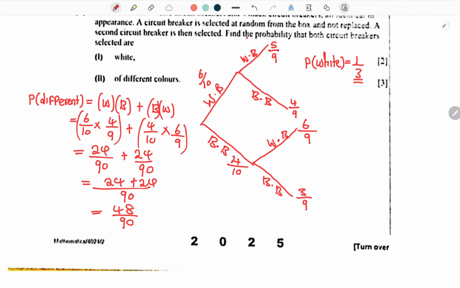If we reduce this, we simply get 8/15. Let me reduce this on the calculator. We see 48/90 is 8/15. And this is how you answer questions under probability. They're actually very, very simple.